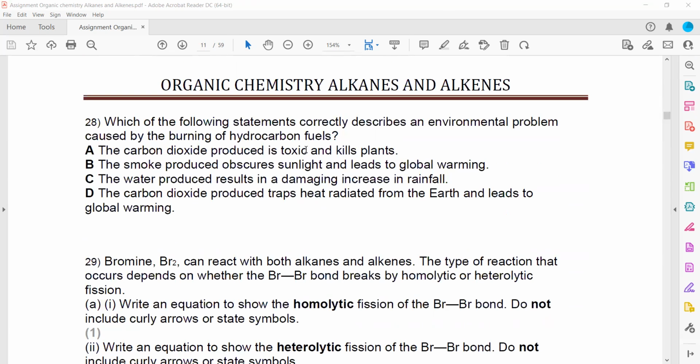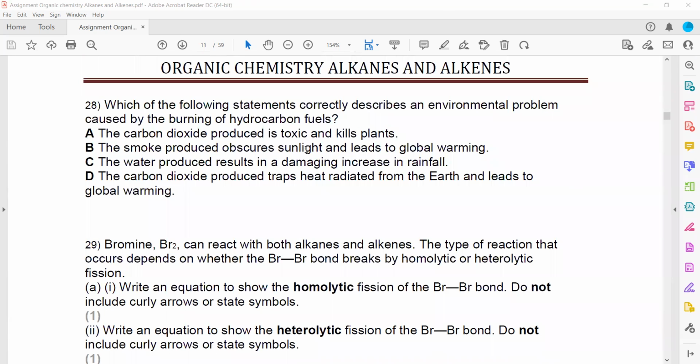Then question 28. Which of the following statements correctly describes the environmental problem caused by burning of fuels? So when we burn the fuel, what are the environmental problems caused? Carbon dioxide produces toxins and kills plants. That is not correct. Smoke obscures the sunlight and leads to global warming.